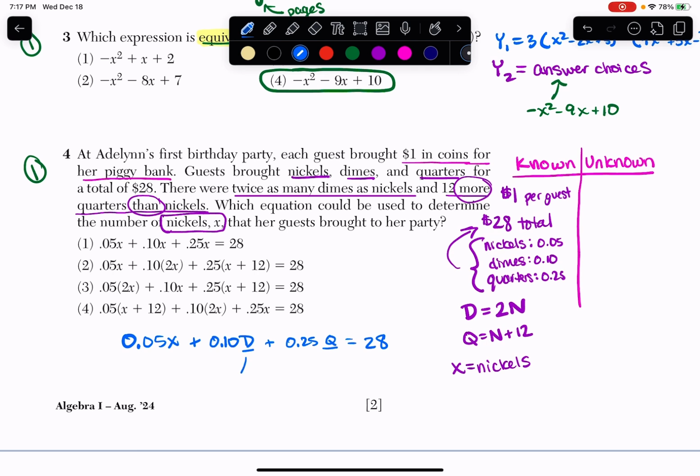So I'm just going to focus on dimes first. I know that dimes was double nickels. So if I look through here, I see double nickels and I see double nickels. So this seems like it's correct, even though I didn't have to write it myself. And then I also want quarters.